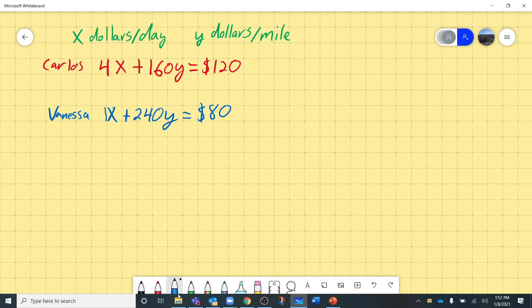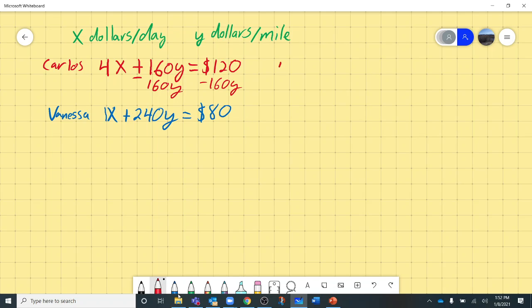Okay, so we're going to use our systems of equations, our substitution to solve this. You could do this with any of them, but let's solve Carlos's. Let's solve the red one for X. The first thing I'm going to do is subtract 160y from both sides.